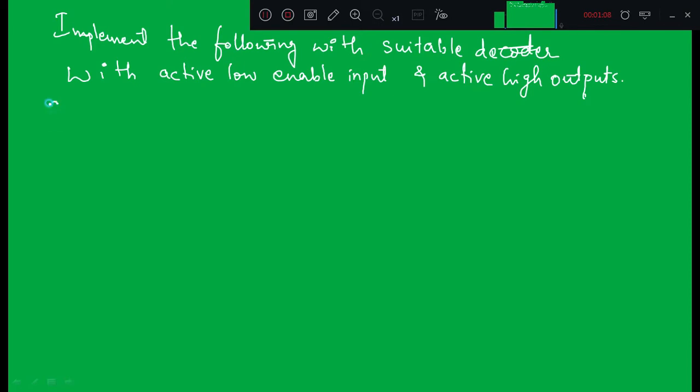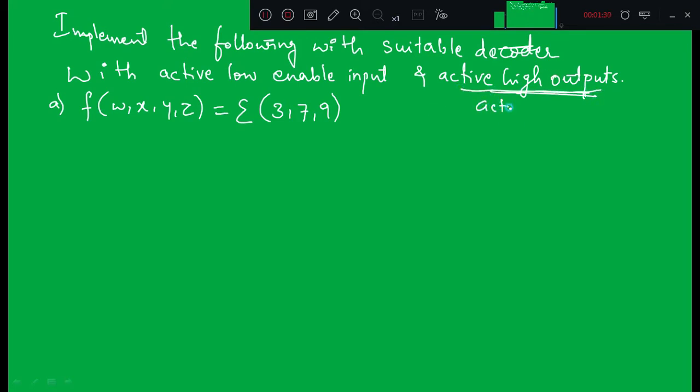So here in the question he has not mentioned which decoder you have to use. It is left to you. You cannot use 74139 or 74138 because those two decoders have active low outputs. 74139 is a dual 2:4 decoder, and 74138 is a 3:8 decoder.